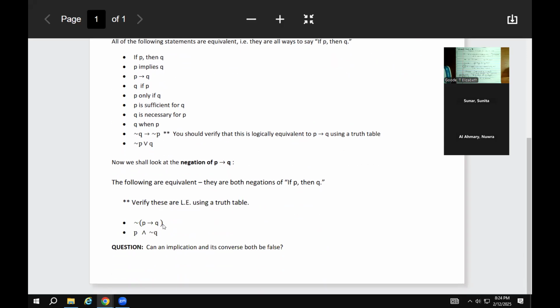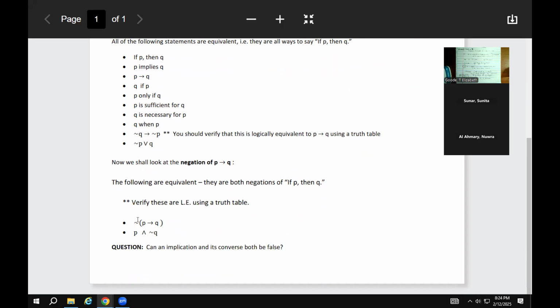And then this is just a verification that the negation looks like P happened and Q did not follow. This is the negation, P and not Q. We talked about that in class, but you can verify this.